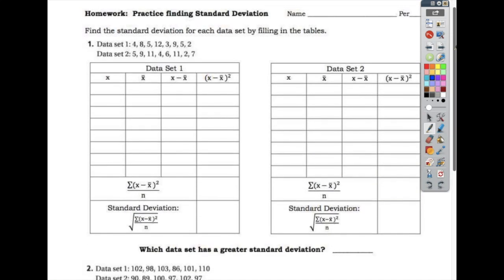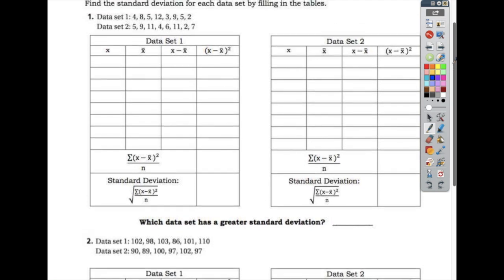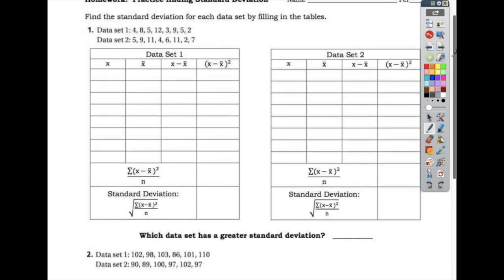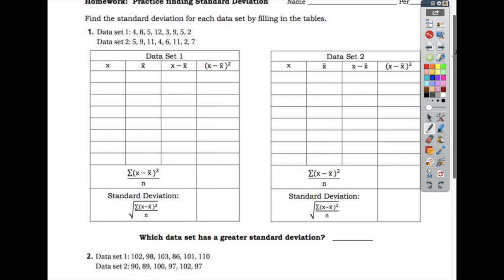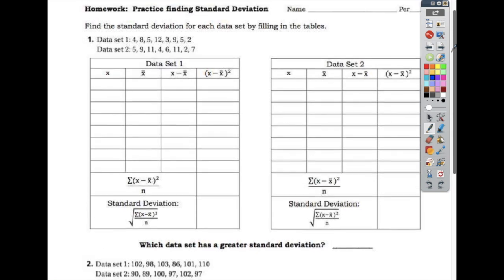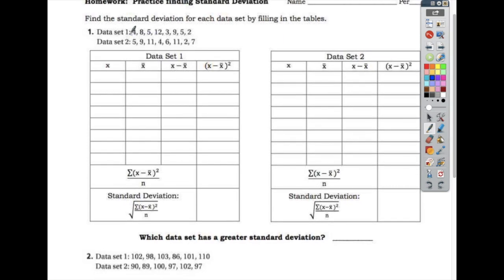Okay, so we have a couple more examples that you're going to try on your own. Find the standard deviation by filling in the table. So you're going to fill out these tables with set 1 and then set 2. Find the standard deviation of each one, and then you're going to compare them. Which set has a greater standard deviation?